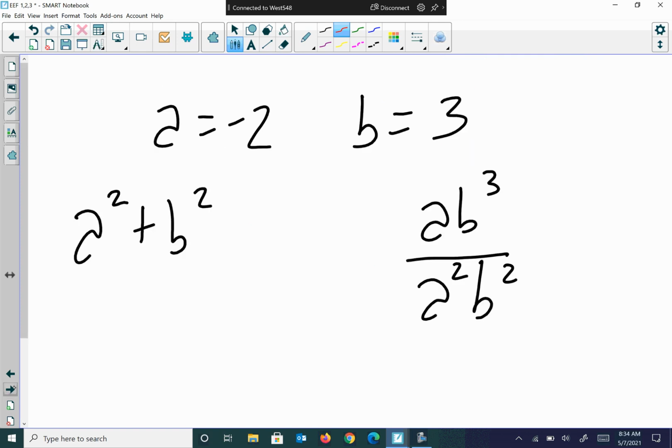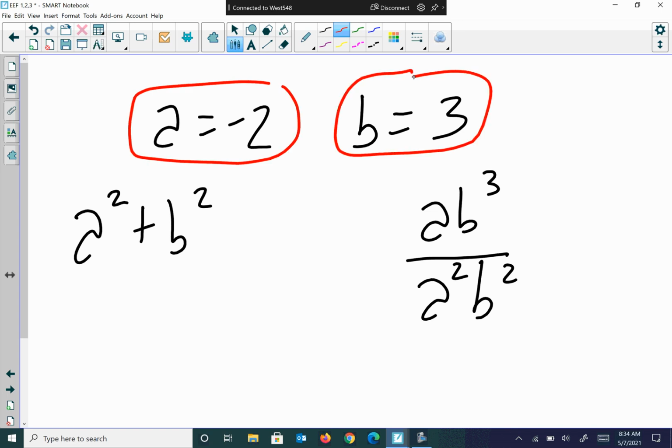All right. So this one, what we're going to do is plug in our A and our B values. So this first one, I'm plugging -2 in for A. So I want us to think about this real quick. If we're going to plug -2 in for A, will it be a positive or a negative answer? It's negative because you don't have parentheses.